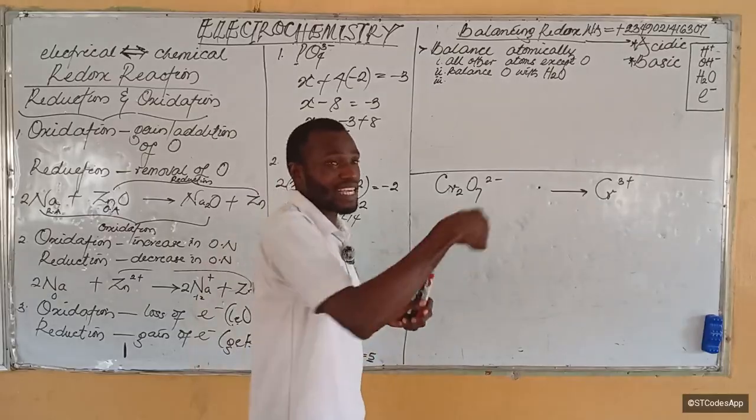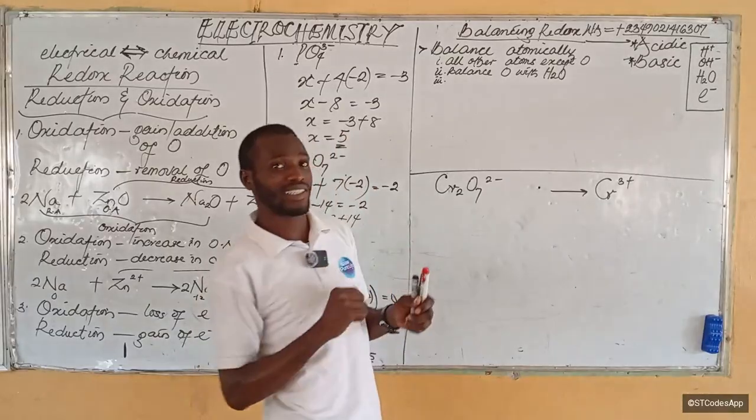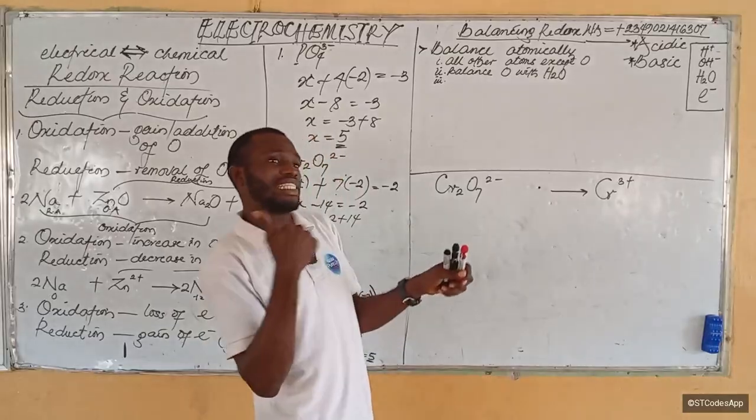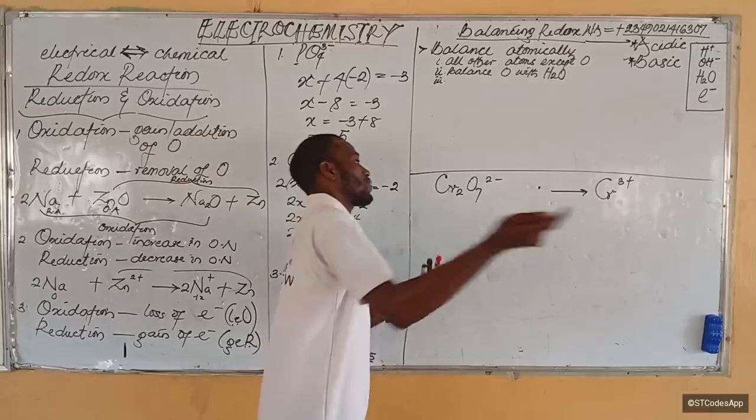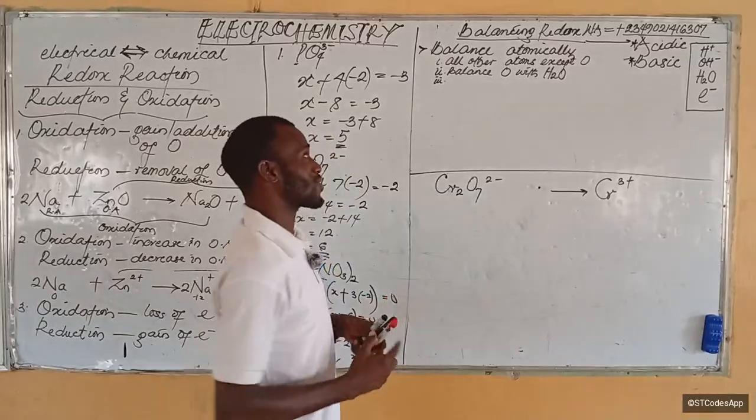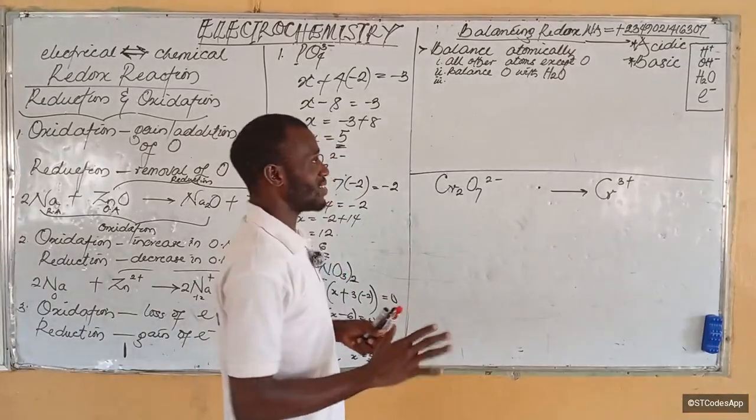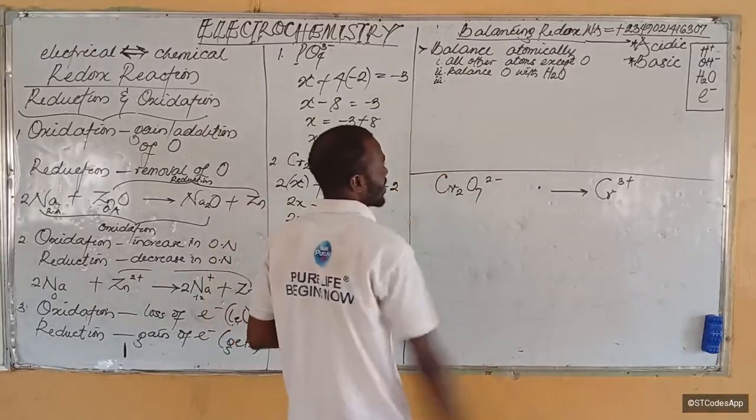That is, with as much oxygen as we have, that's the number of water we should add. That's the language, but you see it's confusing, that's why I didn't use it. So just know that you should balance oxygen with water.